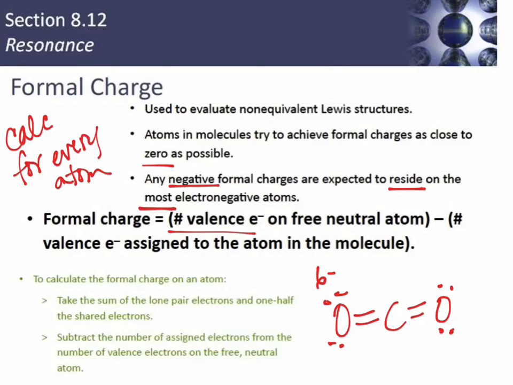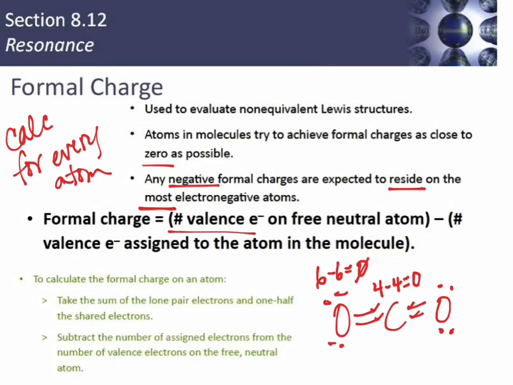We have the 2 lone, and then we have the 2 from this pair here, so that's a total of 6 on it. So its overall charge is 0. Carbon has 4 valence electrons, and it has 1, 2, 3, 4 electrons on it, so its formal charge is 0.